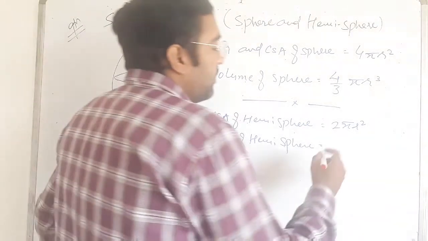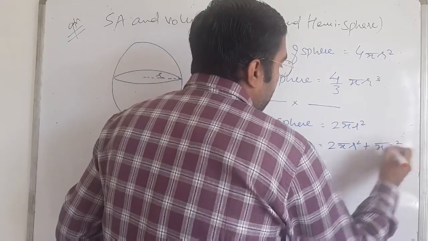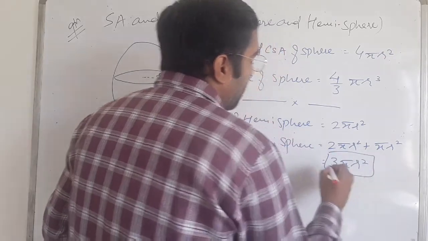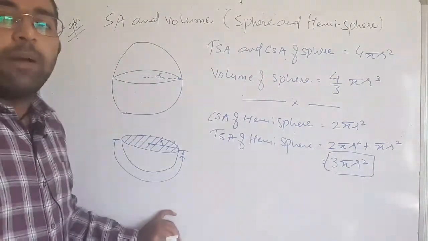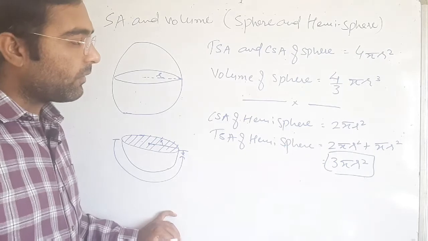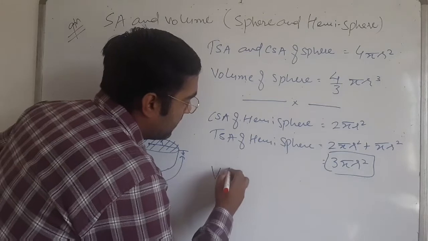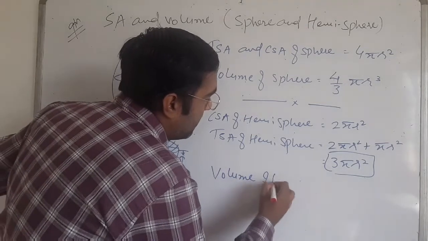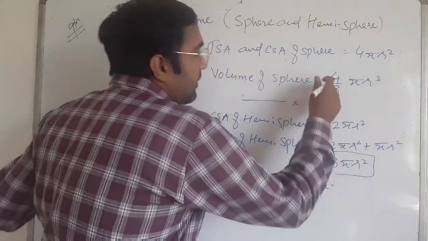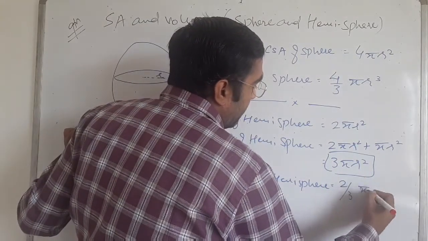So 2 pi r square plus pi r square, which gives a total surface area of 3 pi r square. Now, as the hemisphere is half of the sphere, its volume is also half of the sphere's: 4 by 3 pi r cube becomes 2 by 3 pi r cube.